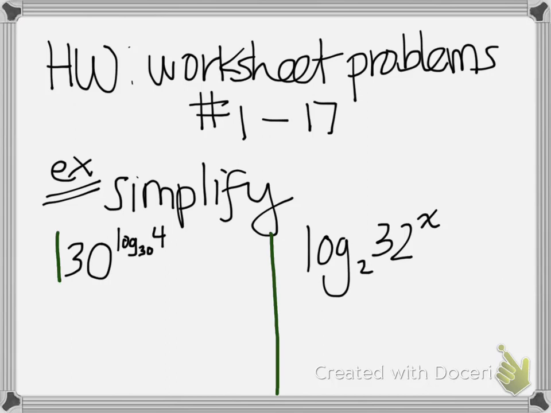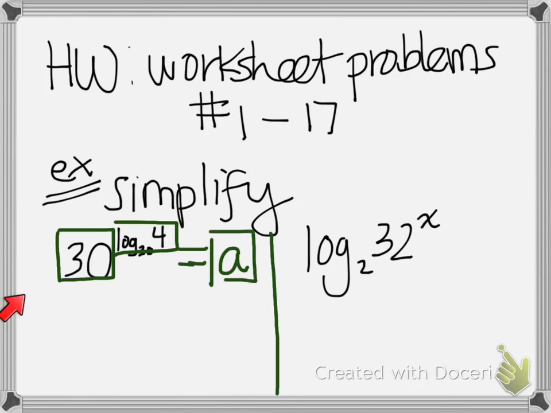I have no clue, so I'm going to take a note of exactly what they gave me: log base 30 of 4, and since I don't know what it is, I'm just going to write down equal to a. This problem is actually written in an exponential form. This way I can't figure out what the whole thing is equal to, so I might as well try and change it into a log form.